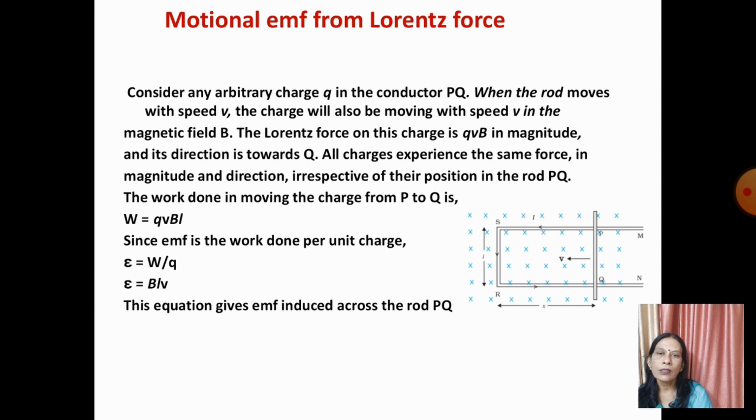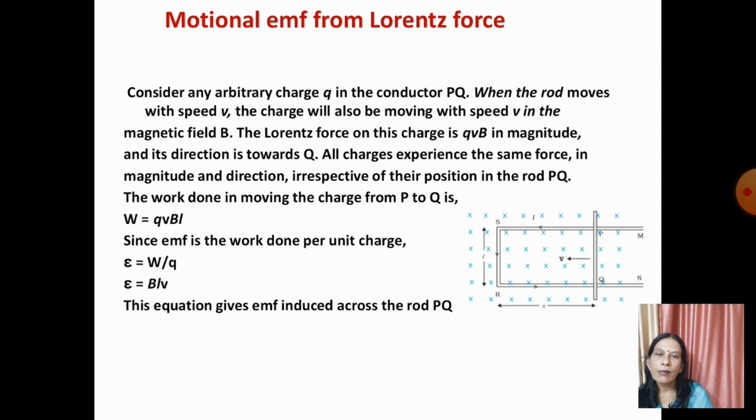Now the work done in moving the charges from P to Q will be given by work done. What is work done? Force into displacement. So work done will be equal to QvB into L, because the charges are moving from P to Q. Secondly, we know that the EMF can also be expressed in terms of work done per unit charge.